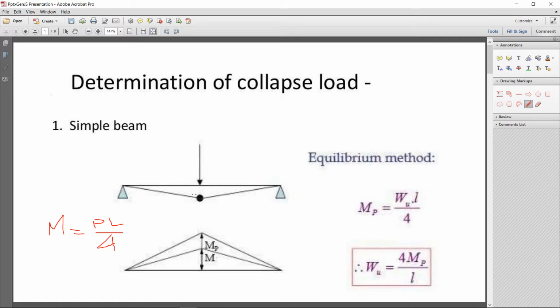Okay, when it goes to plastification after yielding, then we have equated M is equal to the plastic moment. Okay, then 4 is multiplied on the other side, L will be divided here, so we will get the collapse load. So here that is the collapse load, that is not the omega, that is simply the collapse load, or P, you can name it P. So that's how we calculate the collapse load.